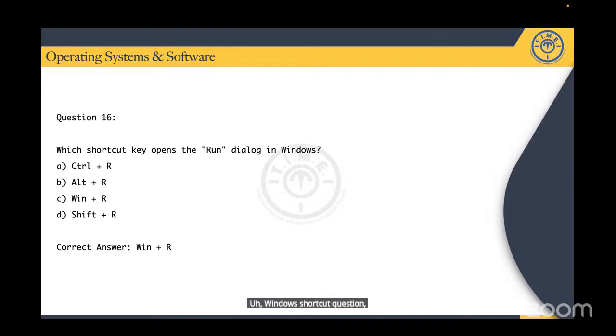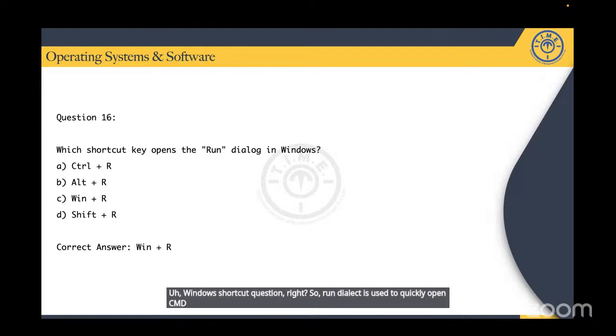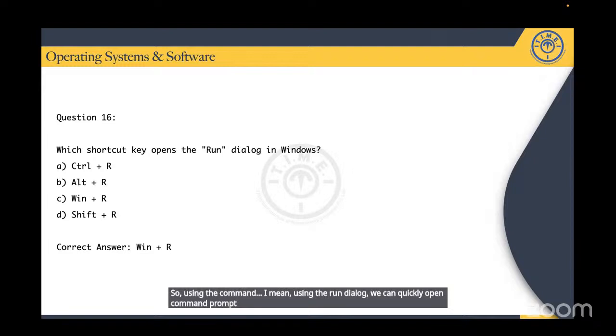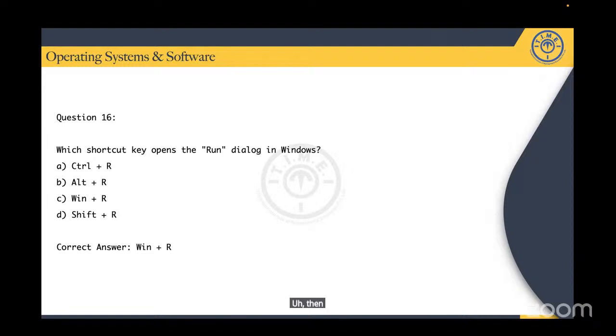Run dialog is used to quickly open CMD, the command prompt, services, then MS config, right? And the shortcut is Windows key plus R.